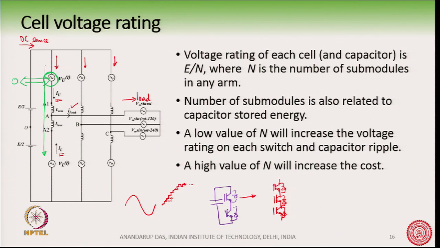This circulating current is essential for the operation of the converter. Without the circulating current, the voltage on the arm will go wayward. It will go very high or very low, either to the DC bus or to 0.